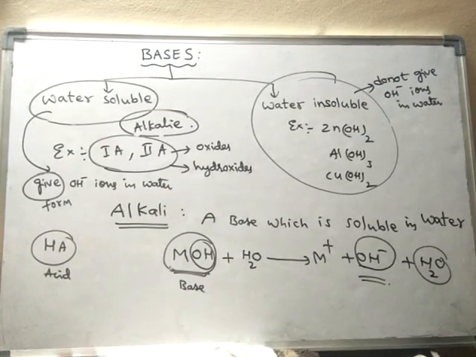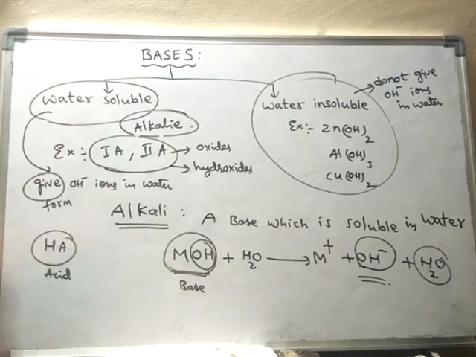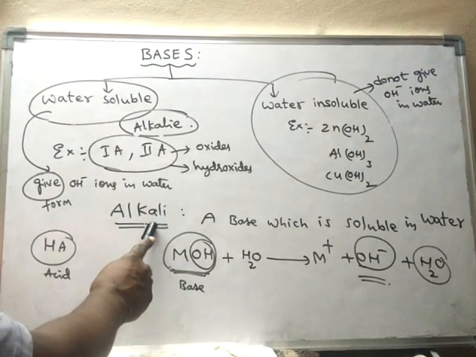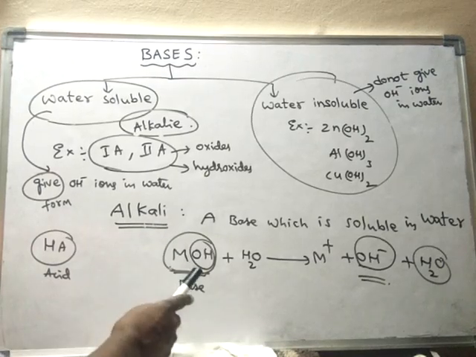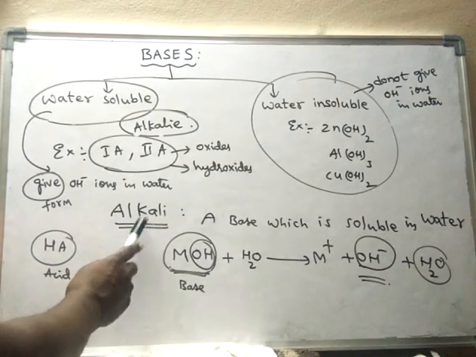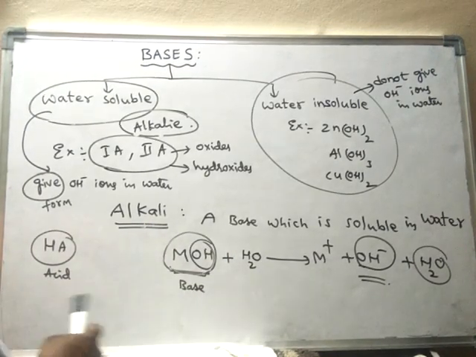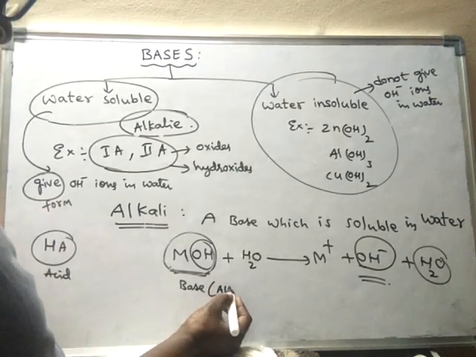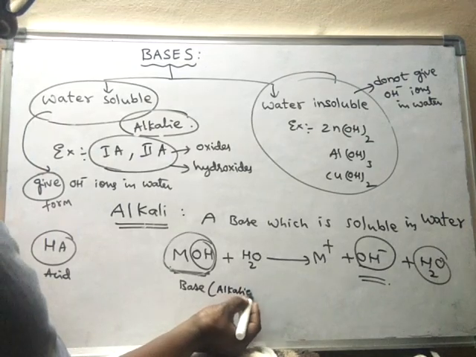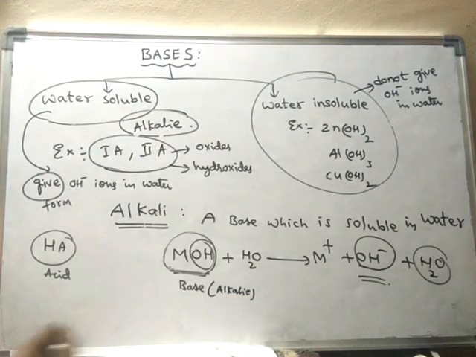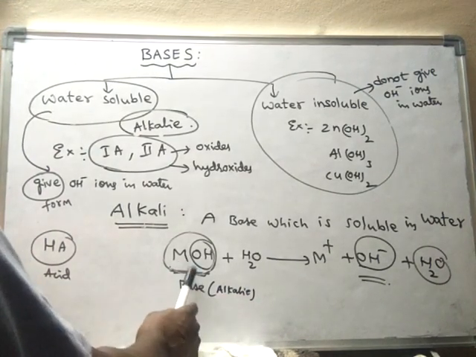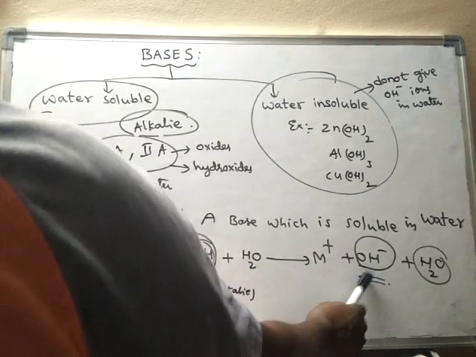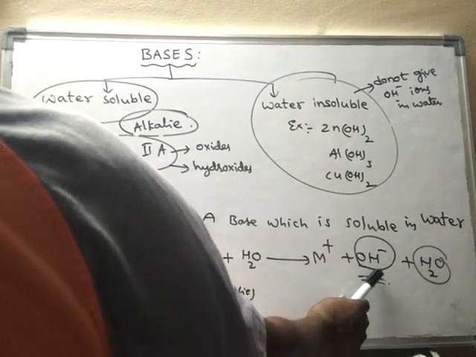So what is alkali? Alkali is a compound which on dissolving in water gives OH minus ions as the only negative ions.